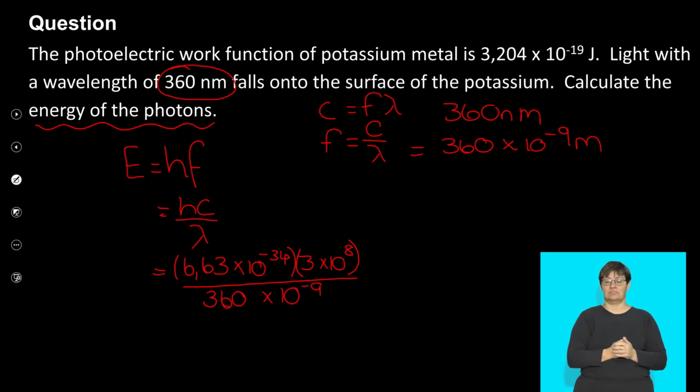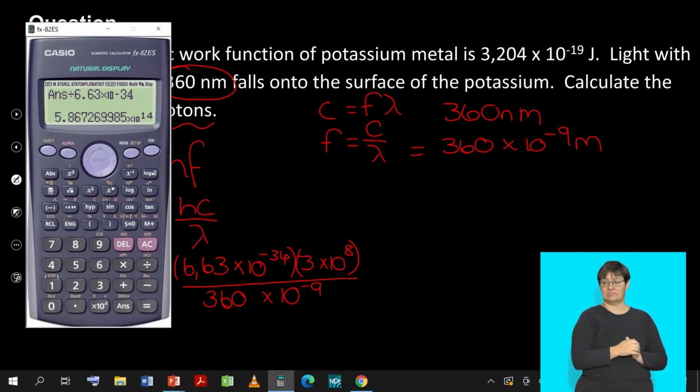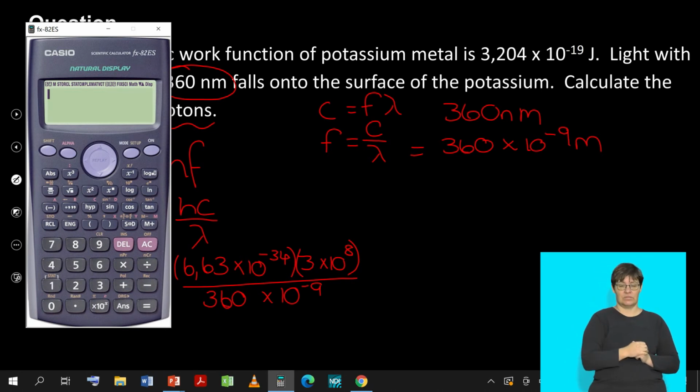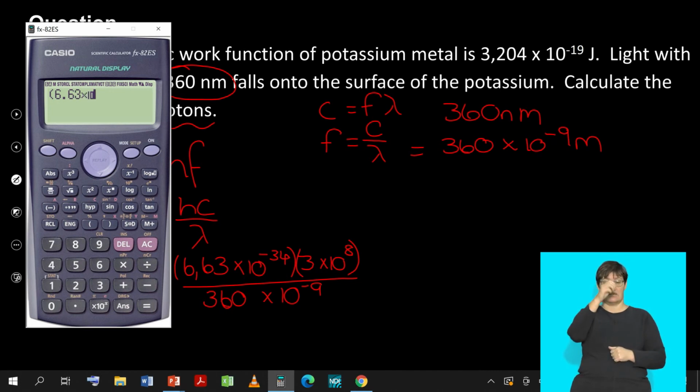Great. We open our calculators, and we've got 6.63 times 10 to the minus 34 times 3 times 10 to the 8. Now I'm going to divide that by 360 times 10 to the minus 9.